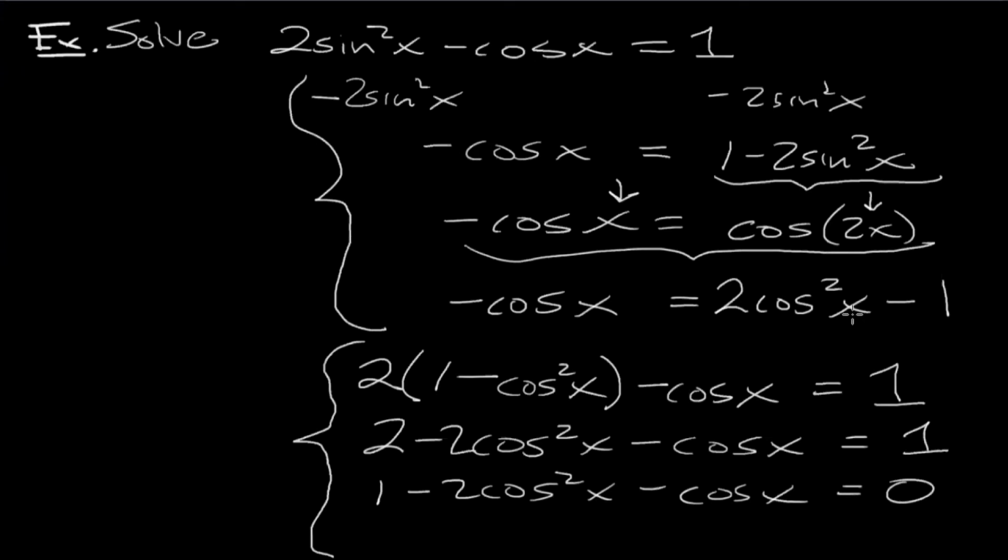I would just need to move this over here. Okay, so either way you choose to do it, you're going to get to the same spot. But usually this is the safer way because it involves fewer identities and places to make a mistake. If you accidentally use the wrong identity, usually you can wrap your way back. So this is the preferred method.